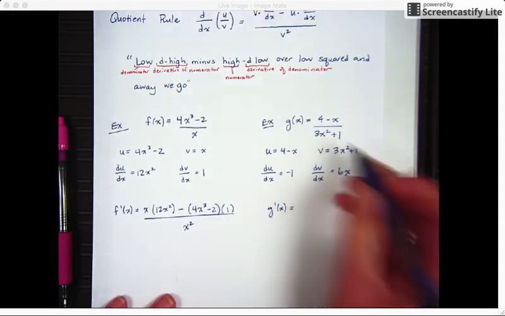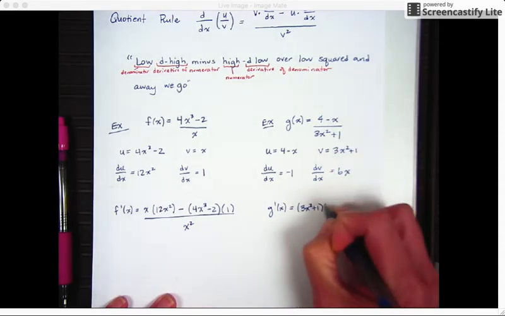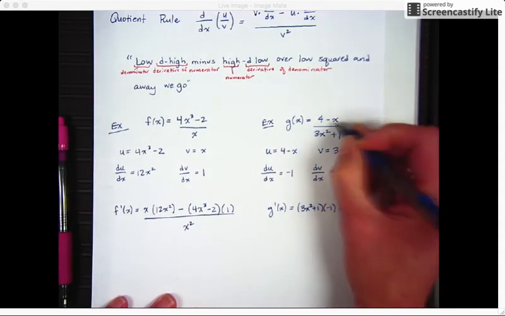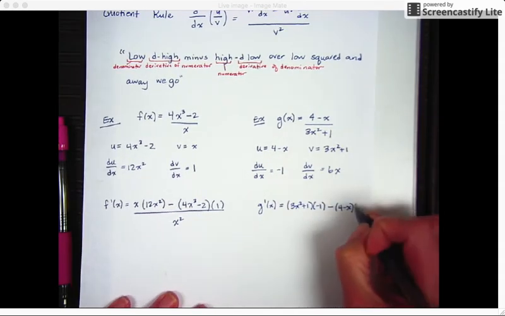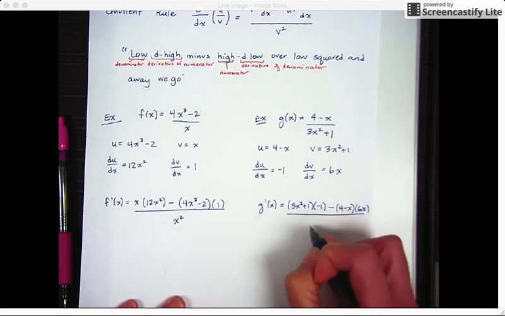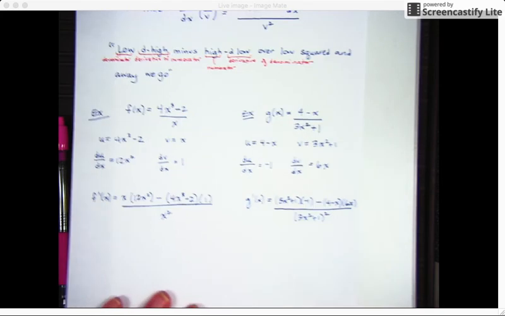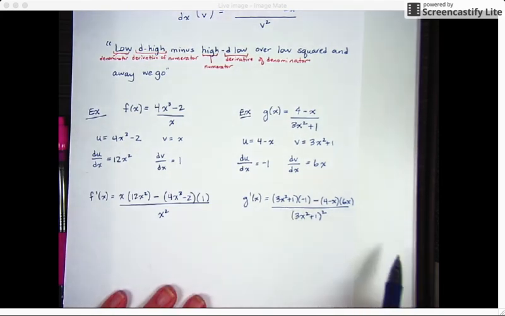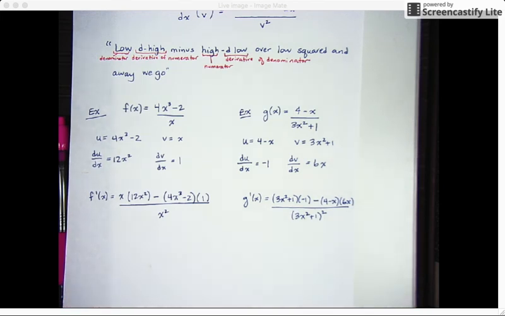So it's low, d high minus high, d low, so it's 6x, over low squared, and away we go. And again, make sure you add those parentheses in there, and you don't have to simplify unless it benefits you to further complete the problem, which if this is all you have to do, then you can just stop at that point, and that's it.